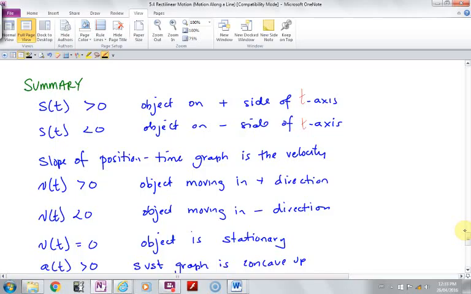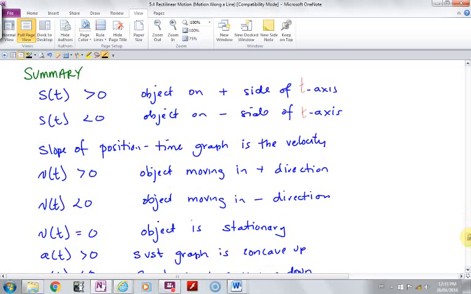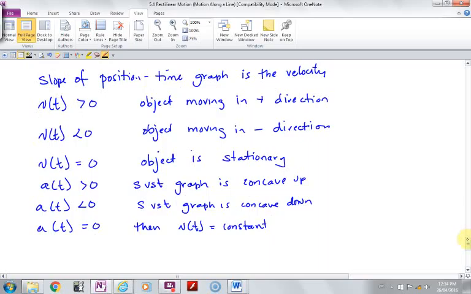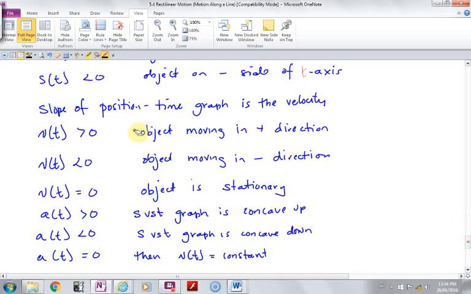These things should also make sense to you because you've all studied physics. If the position function is positive, that means we are on the positive side of the axis, above the horizontal axis. If the position function is negative, then we're below the horizontal axis. Wake up, Jack. The slope of the position-time graph is the velocity.